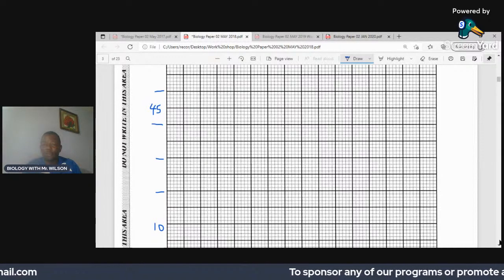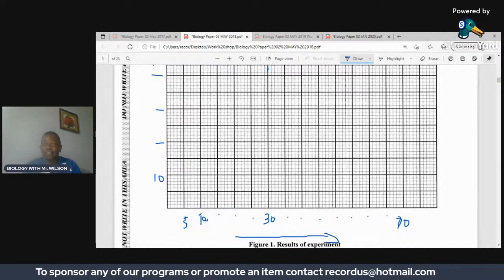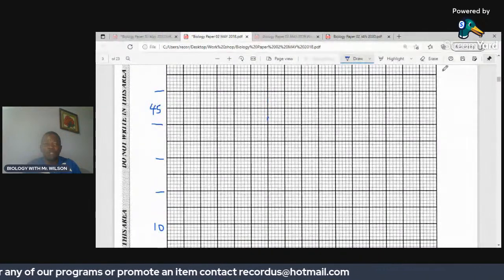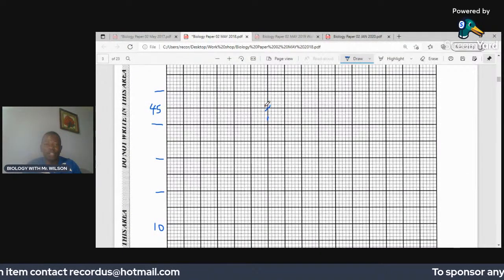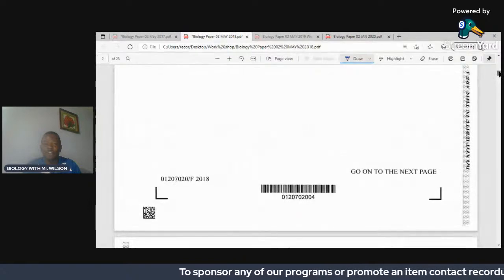So let us see how we could get that intersection. All right, so we're going up with 30. I'm just going to mark this line so that I can find it as soon as I move up. So we are supposed to be intercepting here, right at that spot there. And then we are going to now go again, 30 to 45 that was.